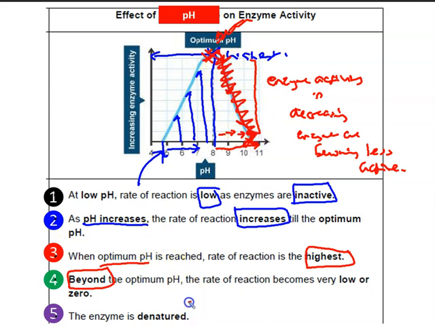Very similarly to temperature, because it is denatured. So you notice that there are two keywords here. One is inactive at low pH, and one at a pH that is after the optimum pH, where we say that it is denatured. You can pause the video anytime to write down notes, which I encourage all of you to do.